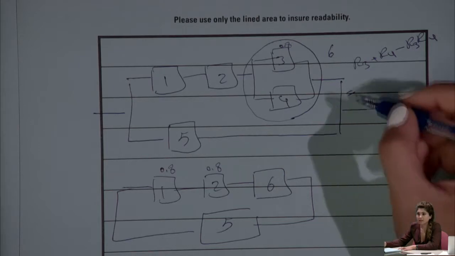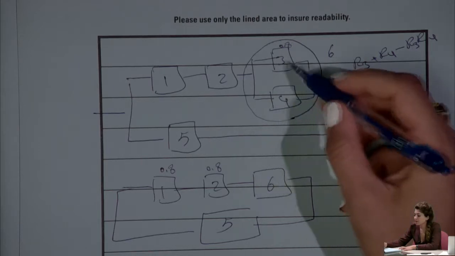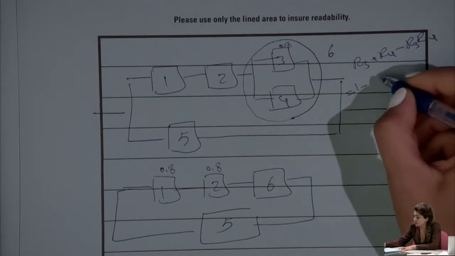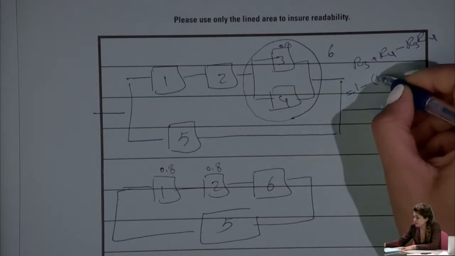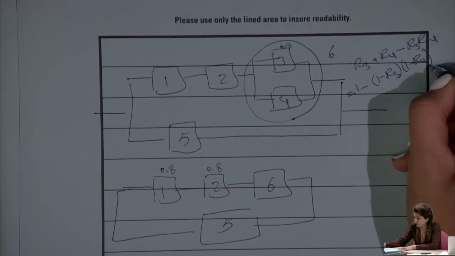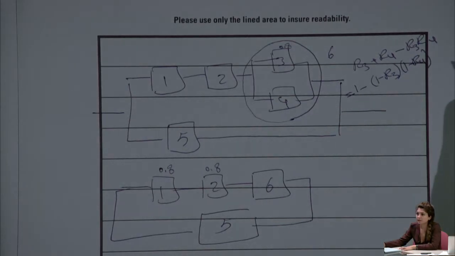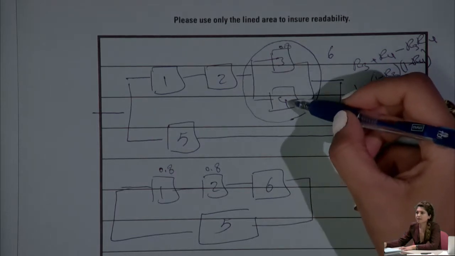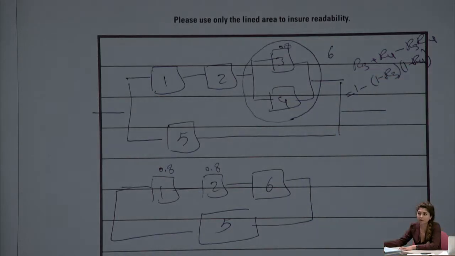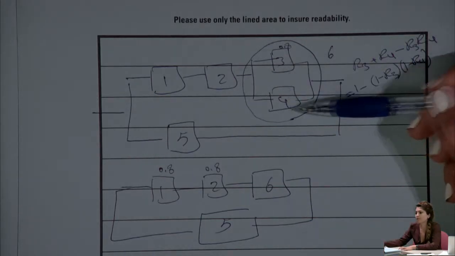Another way to look into this is 1 minus the probability that both of them fail. Okay, 1 minus (1 minus R3) times (1 minus R4). If both of them fail, then the system is basically not working, right? So what is the probability that both of them fail?